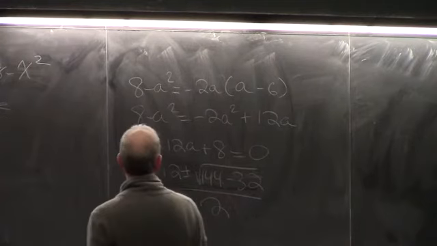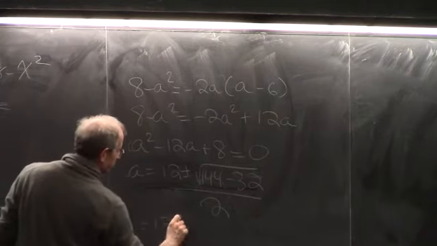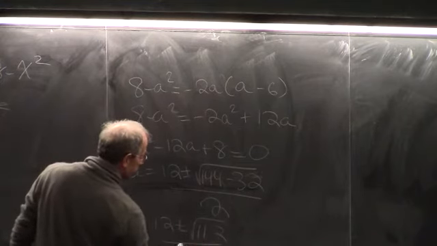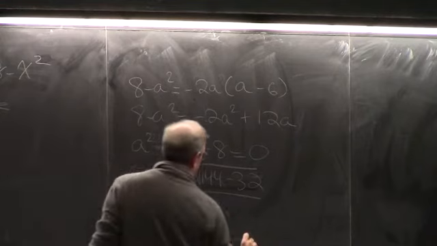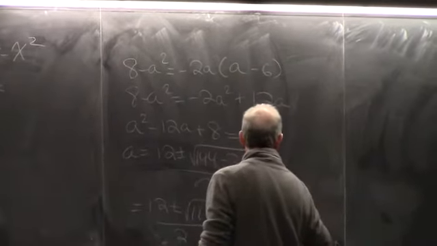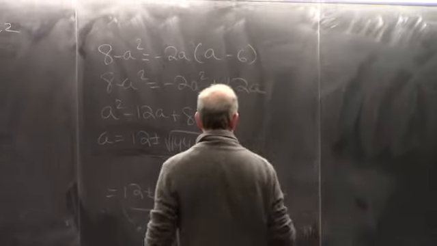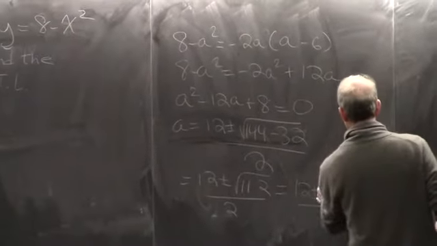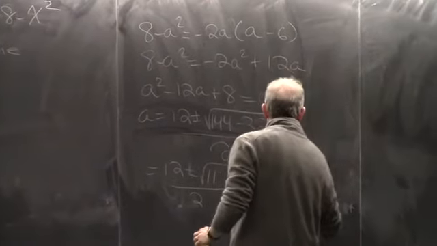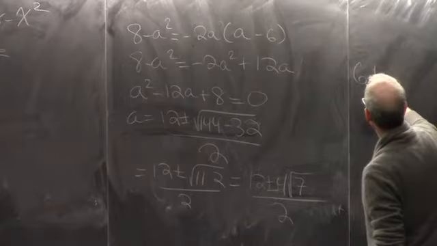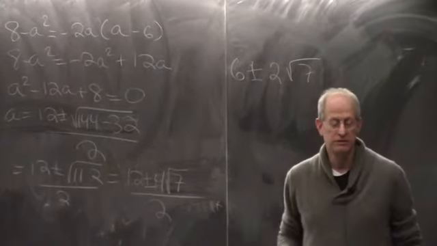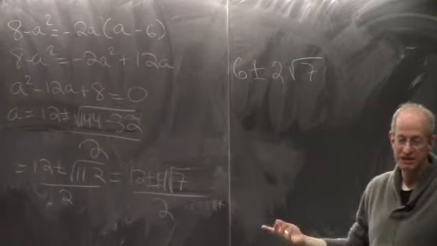No. If you wanted to simplify this, it's 12 plus or minus the square root of 112 over 2, which is 12 plus or minus 2 radical 28, 4 radical 7 over 2, which is 6 plus or minus 2 radical 7, which is 6 plus 2 radical 7 and 6 minus 2 radical 7.